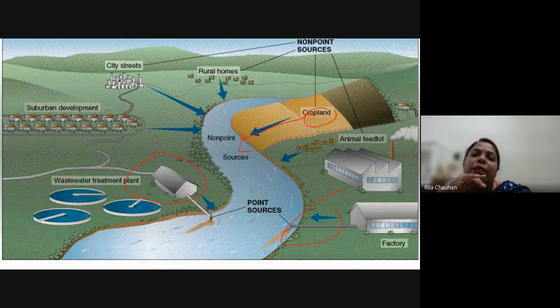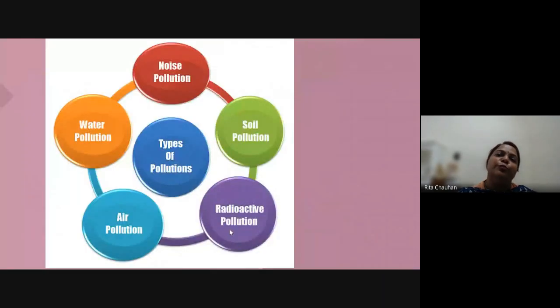These can all be treated, but many times they are not treated. They are collected in drains and ultimately go to the water body. So there is no one source of pollution. These are called non-point sources. The point sources are the pollutants which have one point, and non-point means they have several points of source of pollution.